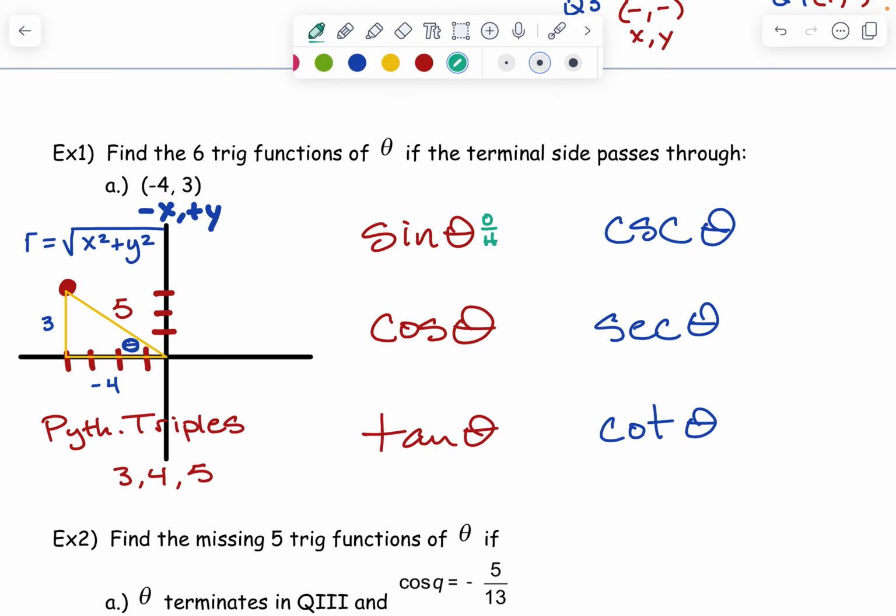The way we're saying that today is y over r. We're saying cosine is x over r, and we're saying tangent is y over x. And then for our reciprocals, we are flipping those.